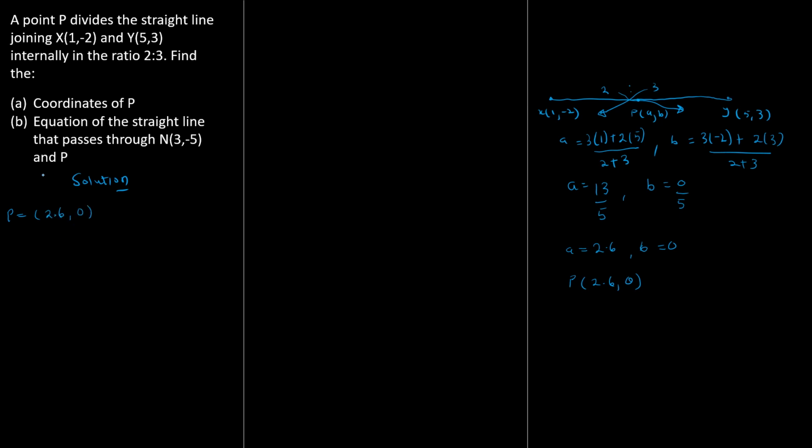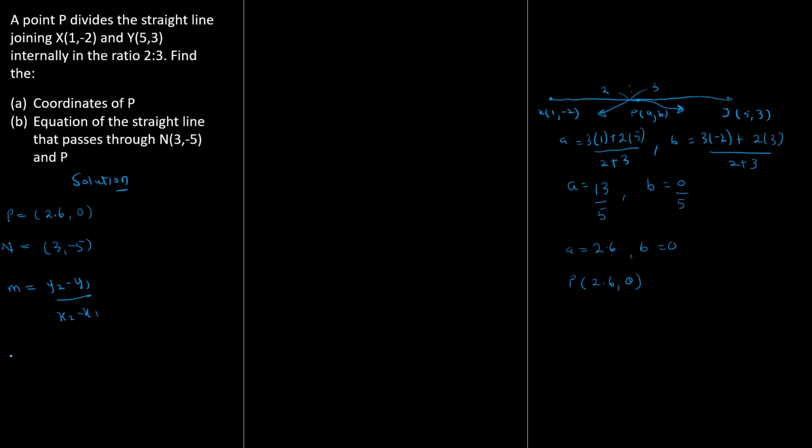The second question says you are supposed to find the equation of the straight line that passes through N and P, where N is 3 and -5. With this we are supposed to find the gradient of these two points, and afterwards we'll find the equation of the line that joins them. The gradient M is equal to y2 minus y1 all over x2 minus x1.